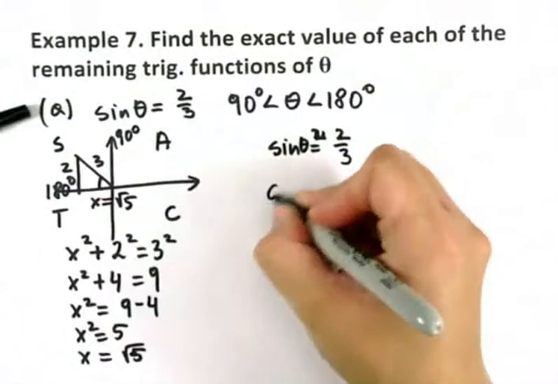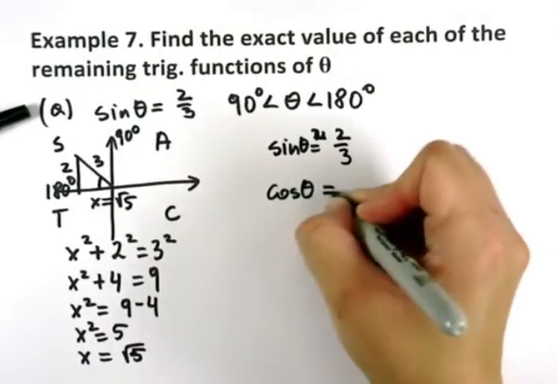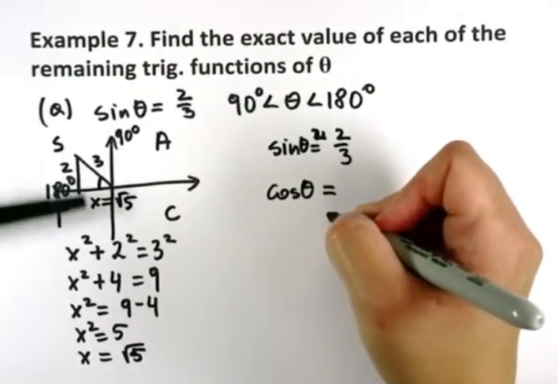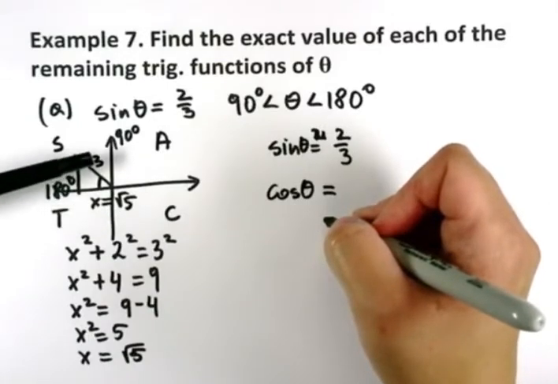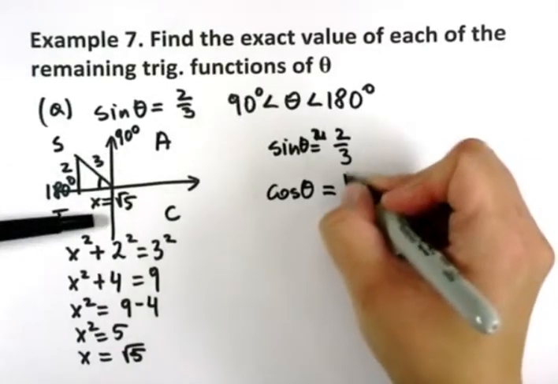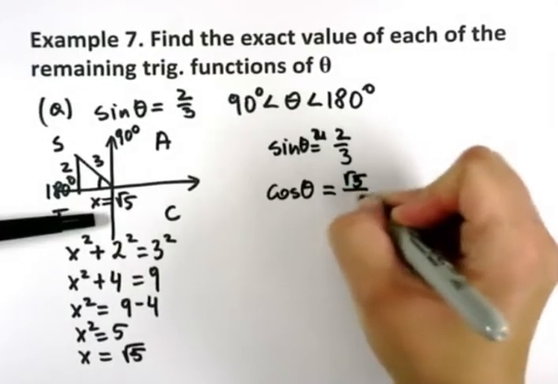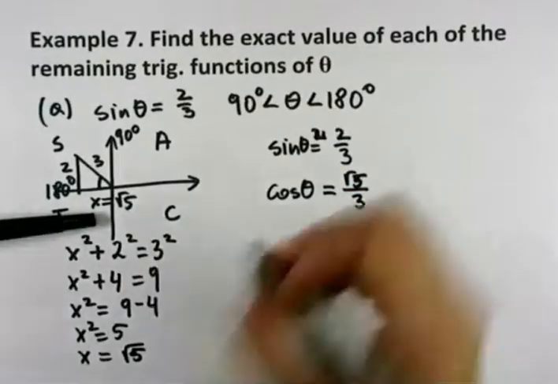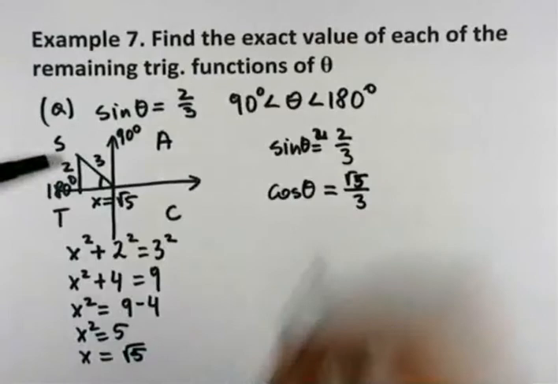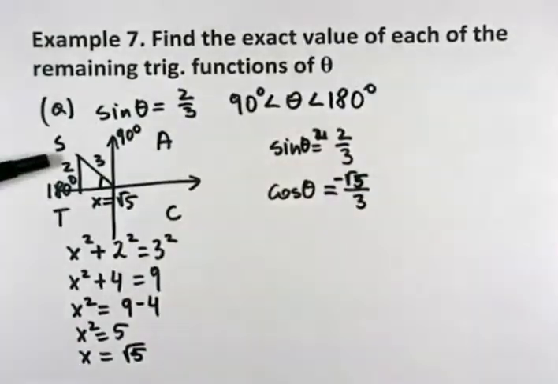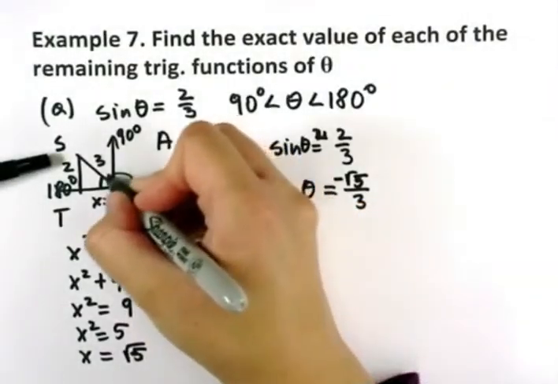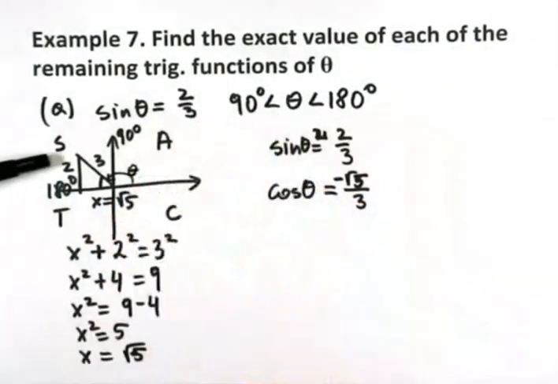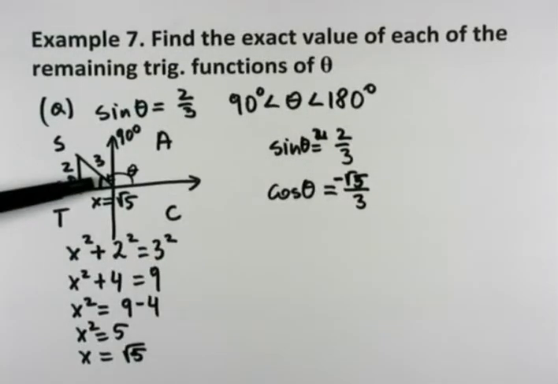Then cos theta is equivalent to the reference angle, so adjacent over hypotenuse, which is root 5 over 3. And we are in the second quadrant, so the value is negative. Theta is my angle, this one, and this is the reference angle.